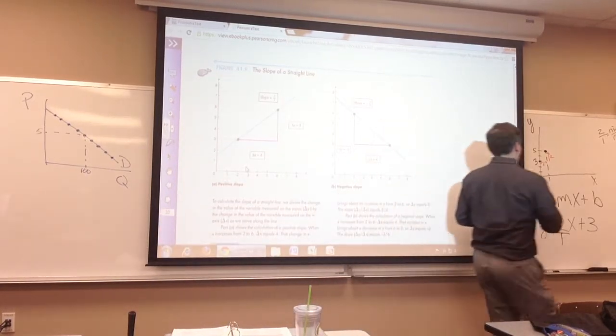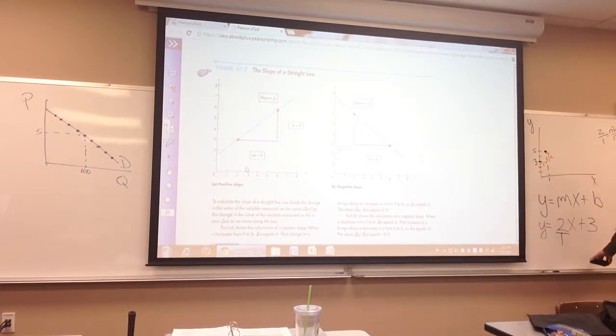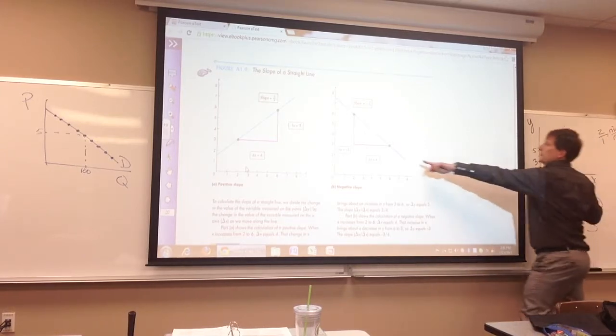Yeah, I mean, it depends on the context. So here, the slope is positive. If I connect these two points, it looks like that, right? And so the slope of this function is positive. What we were doing in class was more like this.